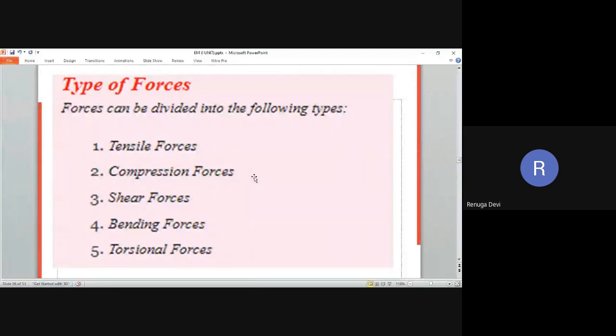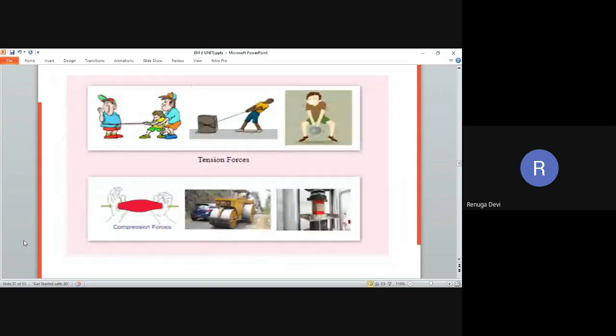One side has its original dimension, another side takes some amount of deformation. That is the shear force effect. Tension forces are a pulling effect, compressive forces a pushing effect, bending forces a combination of these two, and torsional force is a twist force, where the elongation takes place in an inclined form. So these are the various types of forces I explained.